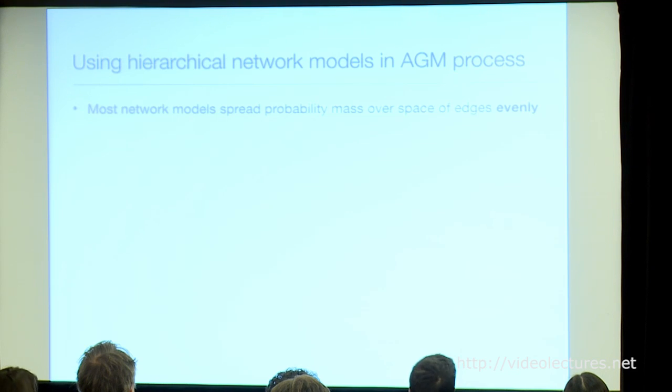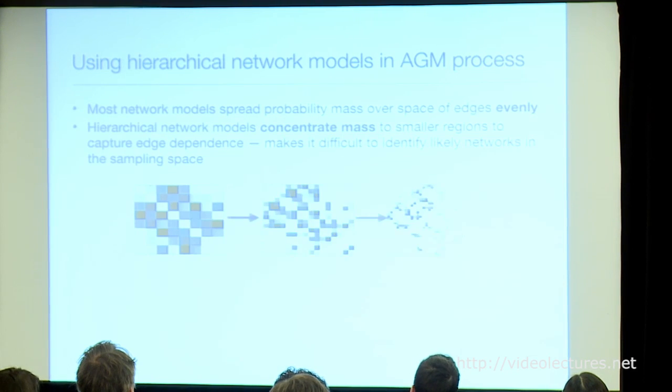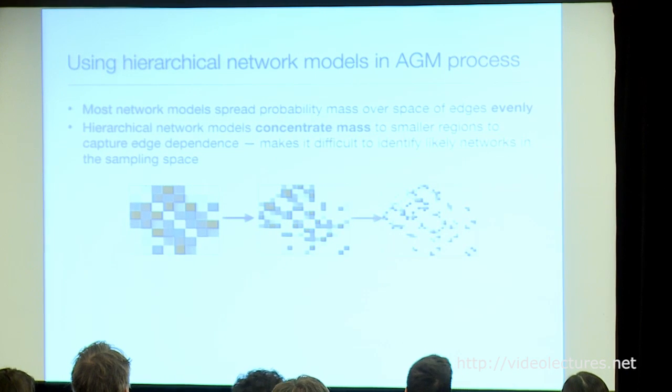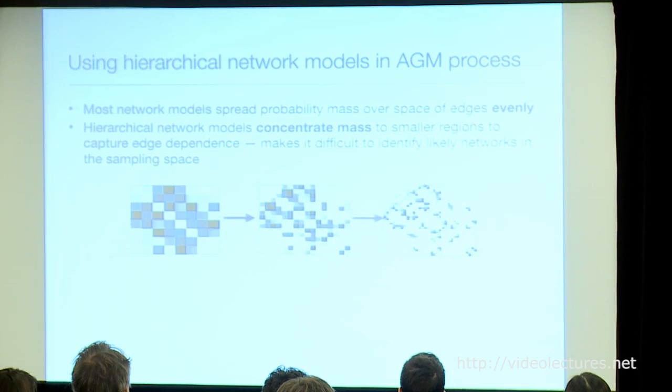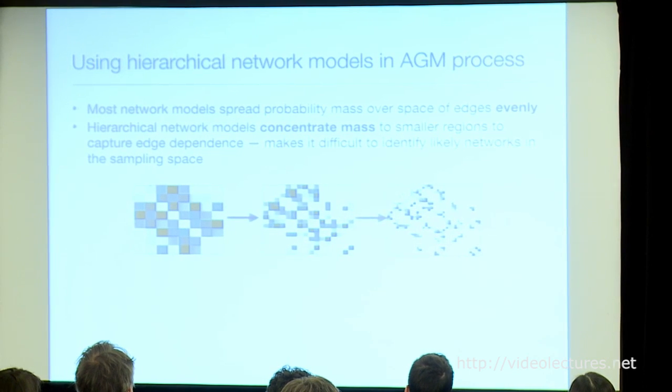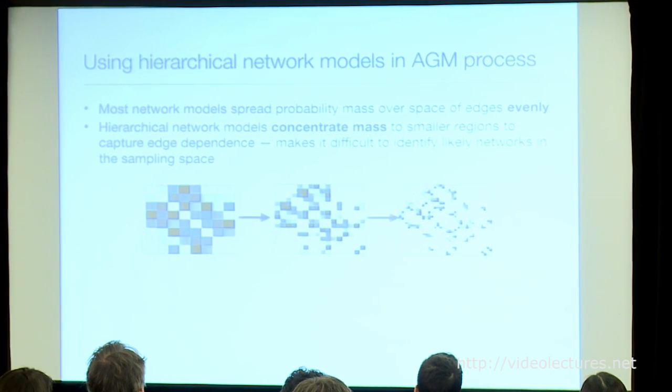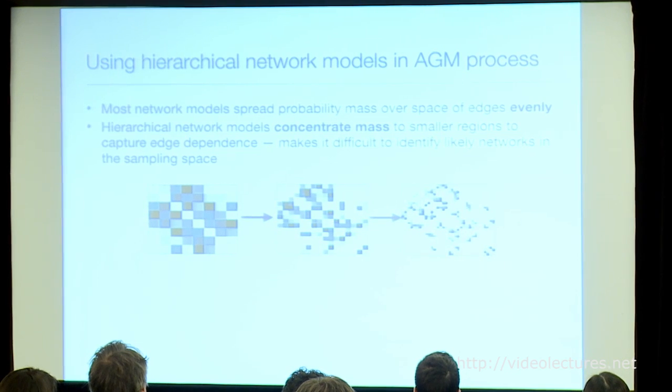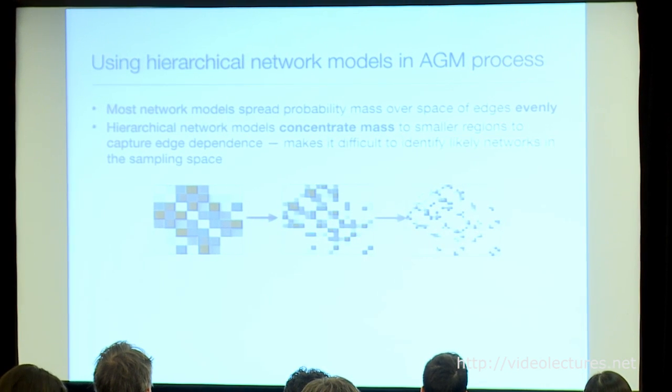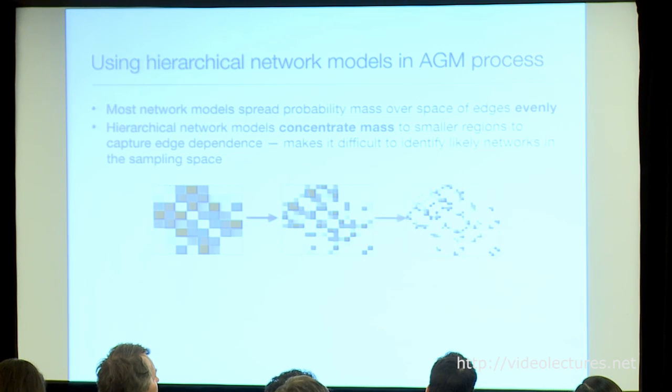And when we use these hierarchies, it tends to push the mass into regions of the space so that things are not spread evenly or mostly evenly across all the possible edges. What we needed for our sampling process is that if we're going to just sample attribute values for each of the nodes, then we need there to be a lot of times where we happen to put attribute values on an edge that's likely to get sampled.